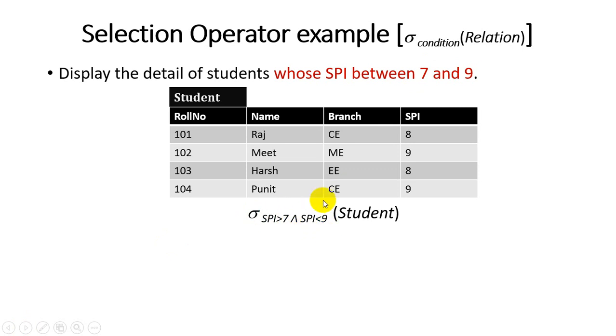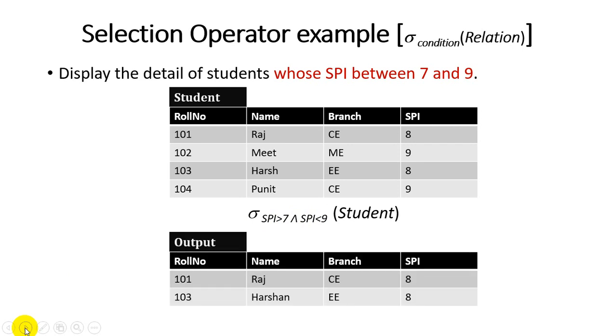So it is a range with the help of greater than and less than operators. With the help of the AND operator, we find those students who have SPI greater than 7 and less than 9. So it is one kind of range between particular conditions. I hope you now understand how we use the selection operation with different operators.